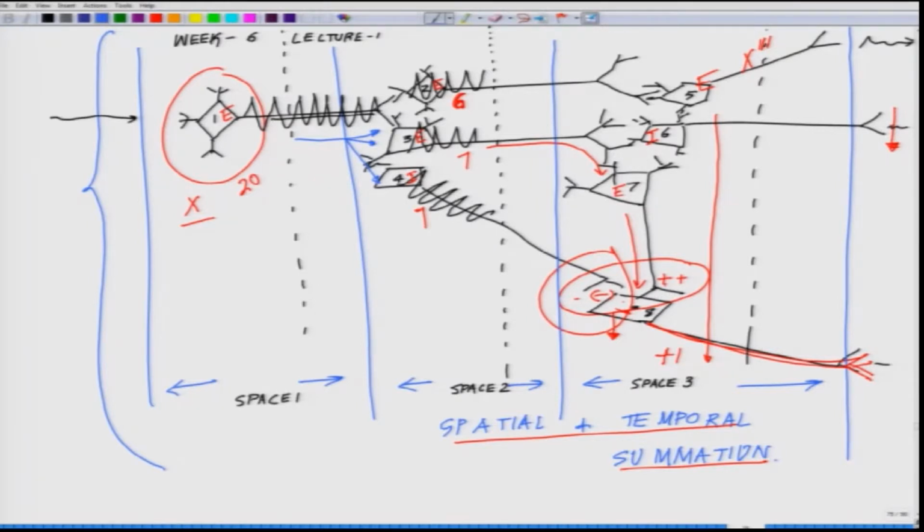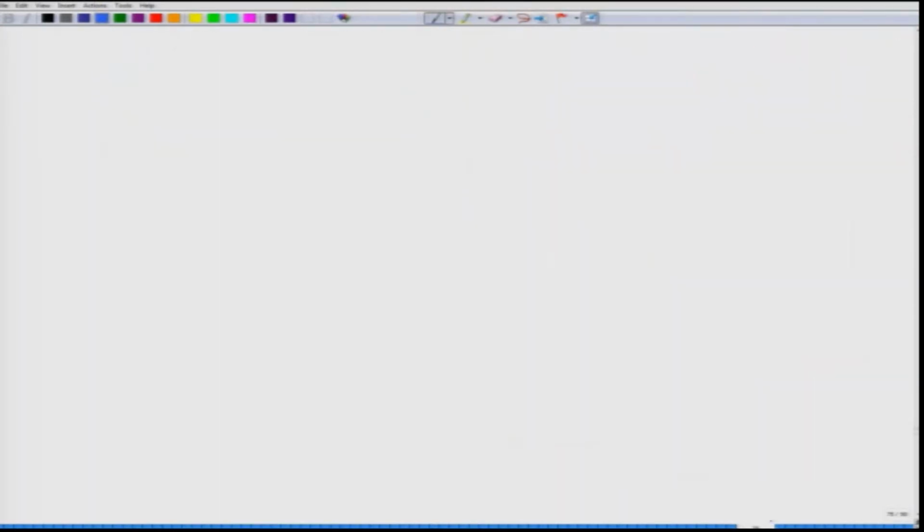For example, if this is the first one to receive a signal, this is the second, and if there is a connection like this, and this is the third one, you can put certain time into it. This one receives a signal at time t1, this one at time t2, and this one at time t3. Let us redraw it, that will make more sense.